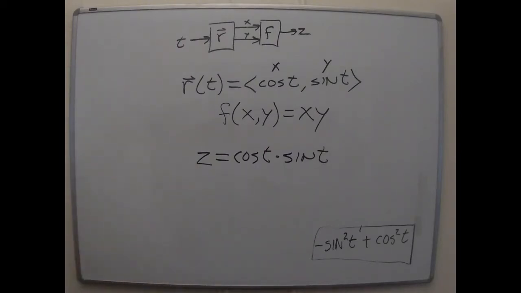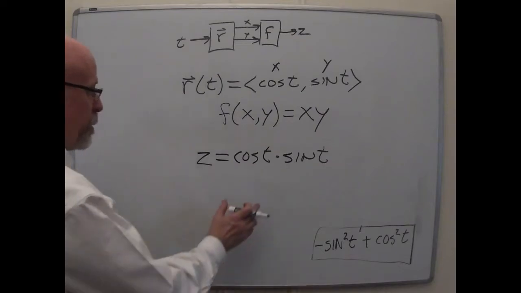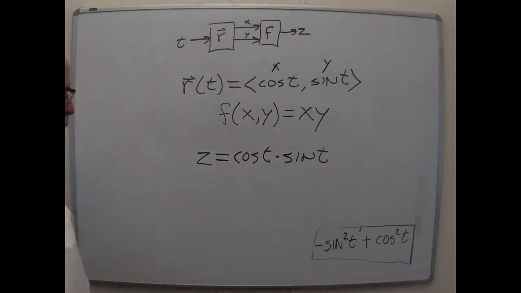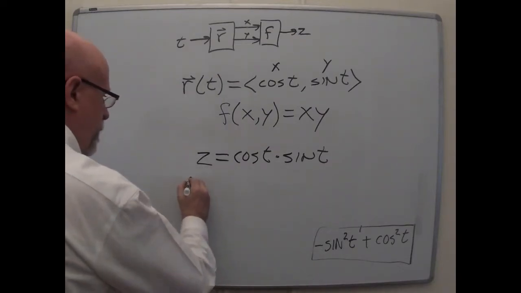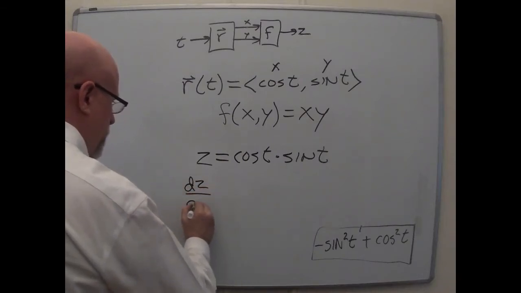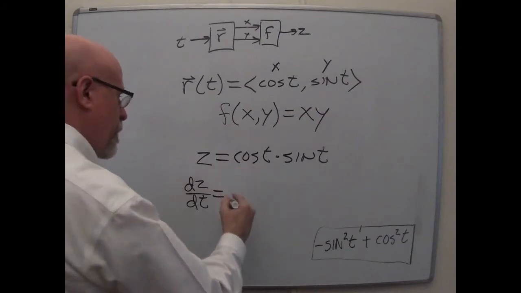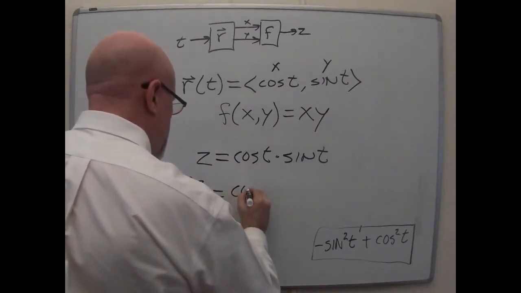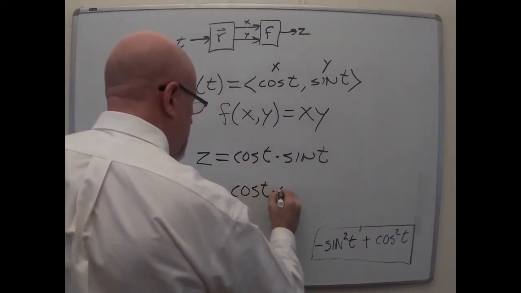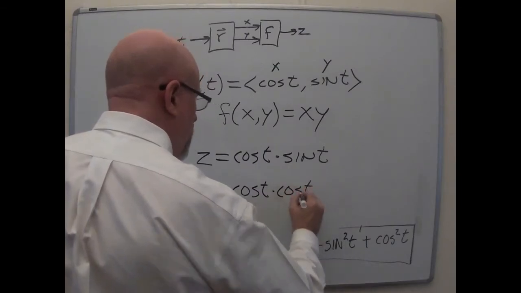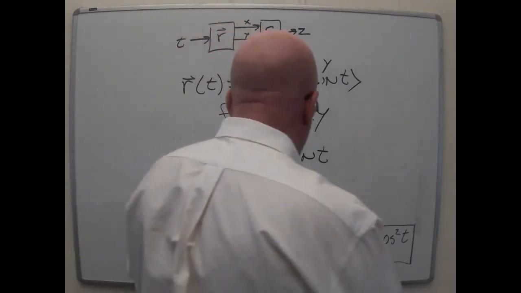Well, we've been through this ringer before. Can we take the derivative of a product? Of course we can. So here we get dz dt as the product rule. So the first times the derivative of the second. Well, that's cos squared t, isn't it? Plus the derivative of the first.